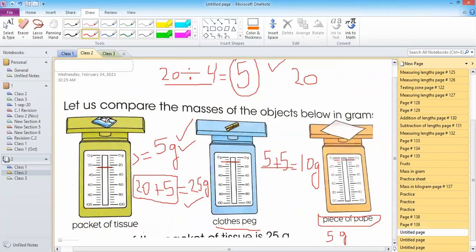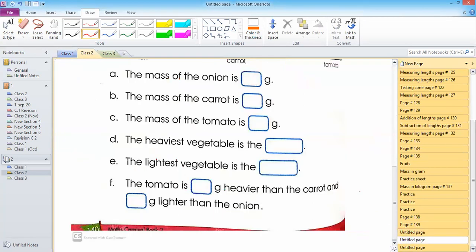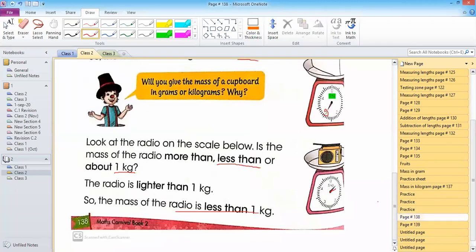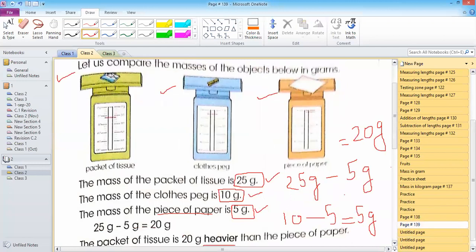And if you talk about this piece of paper, you will see that this is only the first interval. So one interval is equal to 5 gram. So you will say, sir, it is equal to 5 gram, like this.